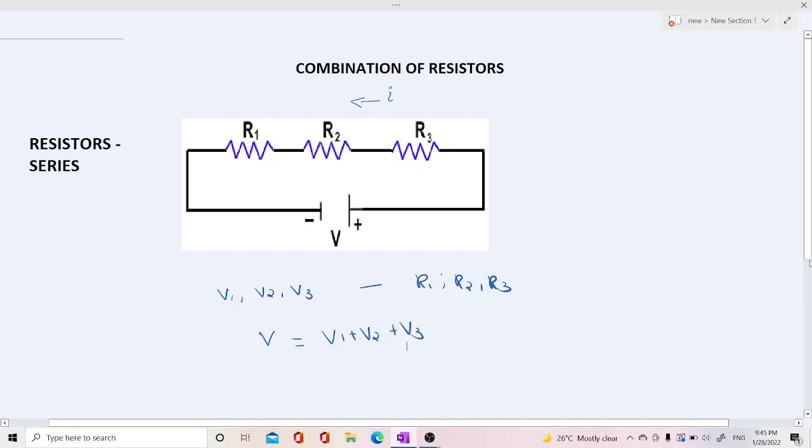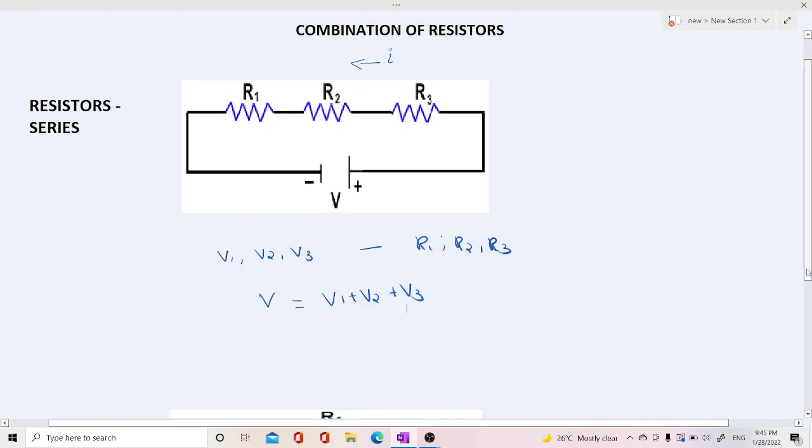But in series connection, we know the current flow is same. Therefore, V is equal to I into R. That is, V1 means I into R1 plus V2 is I into R2 and V3 is I into R3.